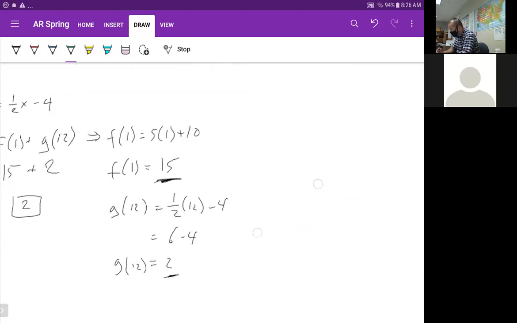So let's try f of 2 minus g of 6. Yeah, let's do g of 6.